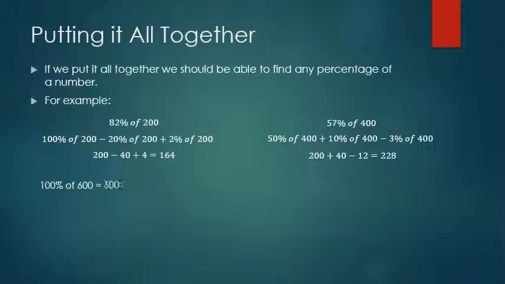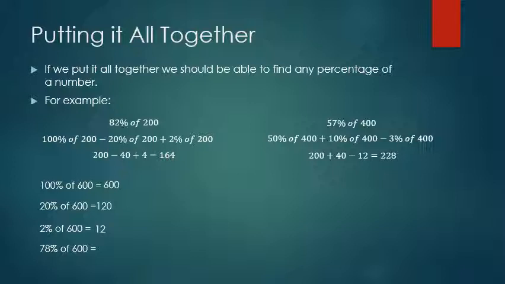100% of 600 is just 600. 20% of 600. Take a second and try it. So if 10% was 60, 20% of 600 would be 120. 2% of 600. So if 1% is 6, 2% would be 12. So 78% of 600.